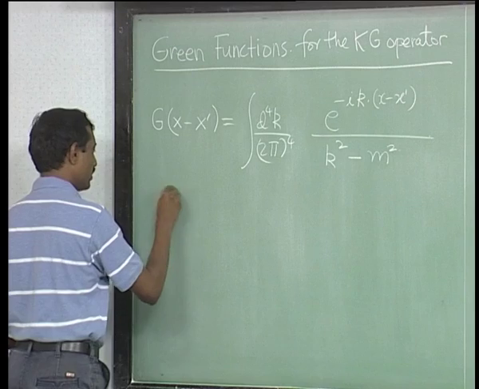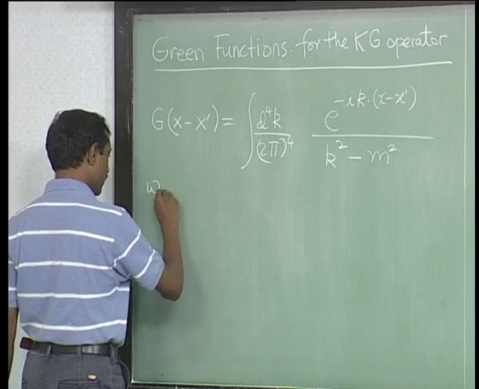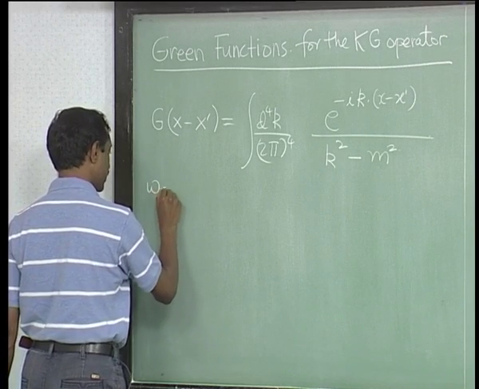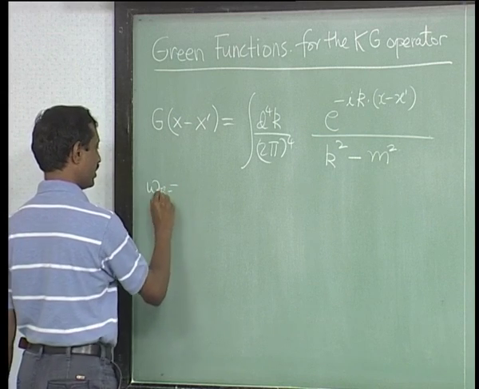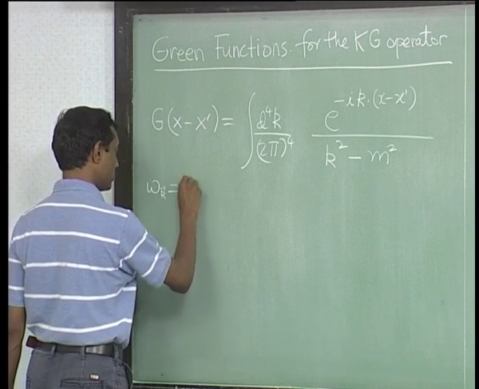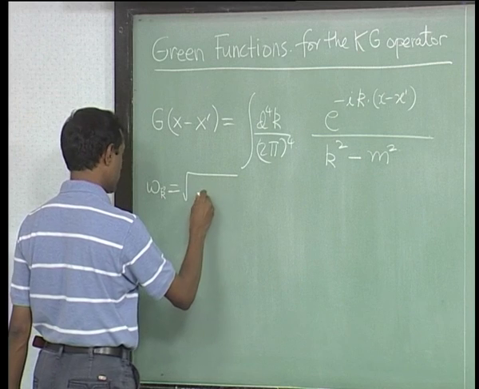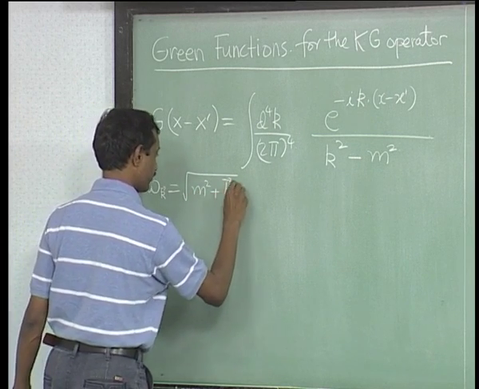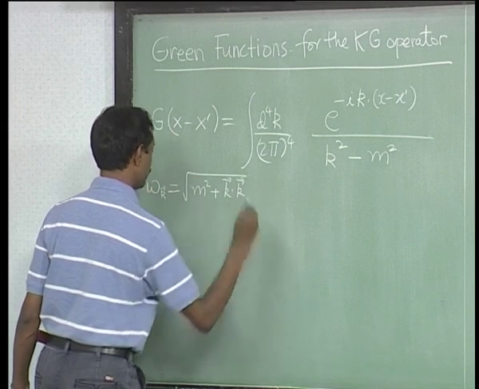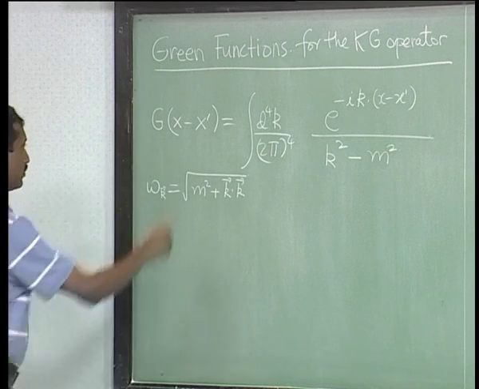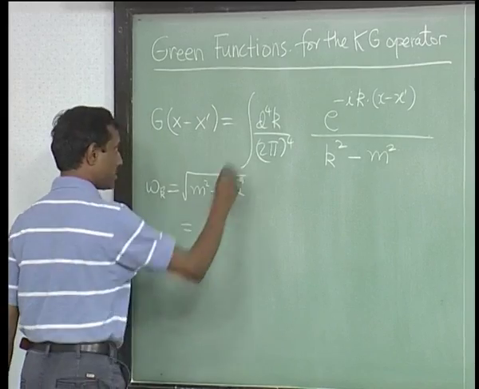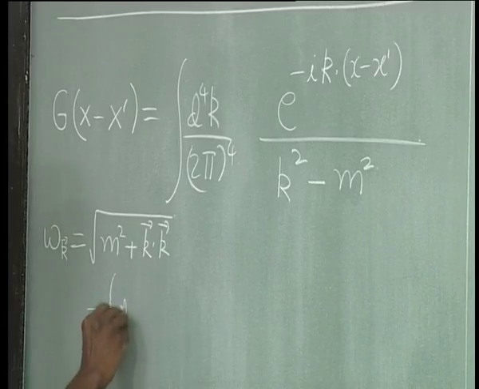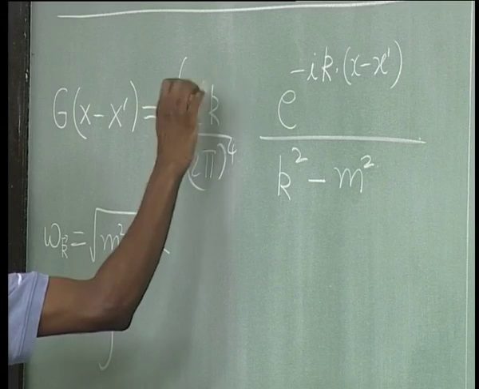So, we defined a few things, if you remember: omega of the 3-vector k, which I will not indicate all the time, is equal to the positive square root of m squared plus k dot k. So, what we did was to rewrite this. We were in arbitrary dimensions.